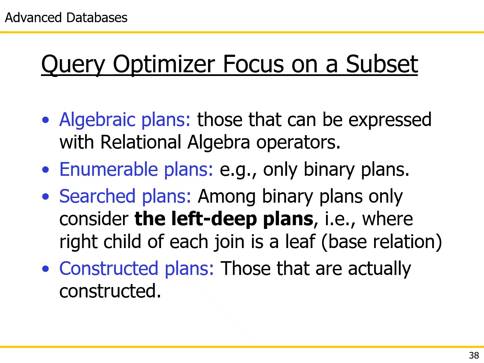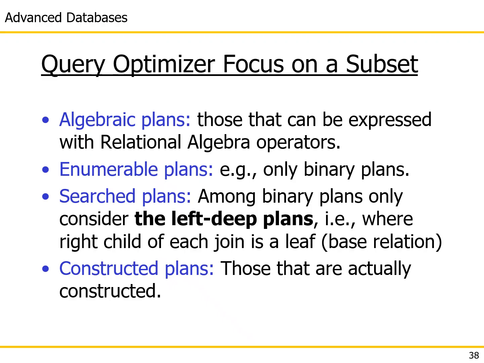Now we're only interested obviously in relational algebra trees. When I was describing binary trees in the previous slide, I didn't talk about relational algebra ones; I was talking about all kinds of binary trees. Relational algebra binary trees are a subset of all binary trees.